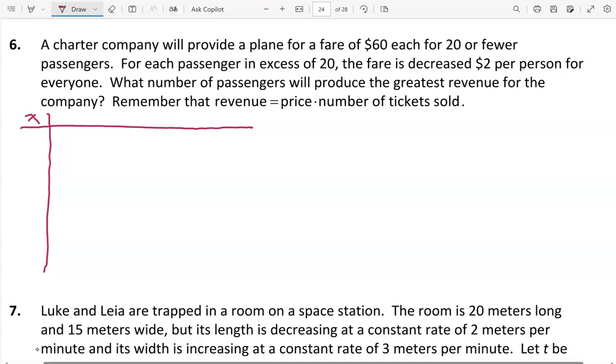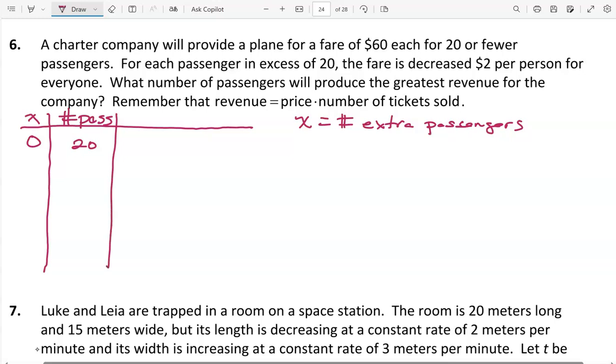We're going to define a variable x, and I'm going to define x as the number of extra passengers, so that would be the number of passengers over 20. So if x is 0, then the number of passengers will be 20. In other words, that's kind of where they're starting, right?